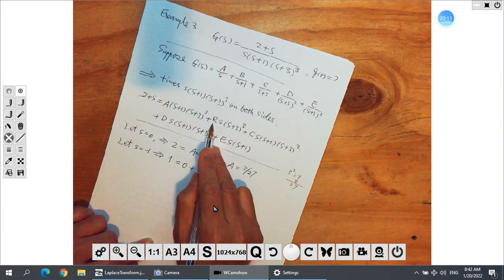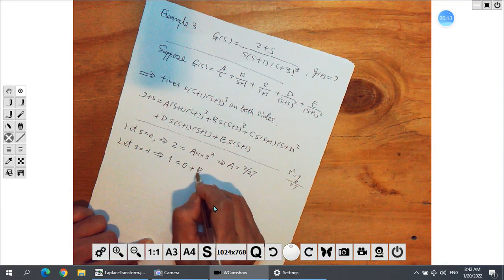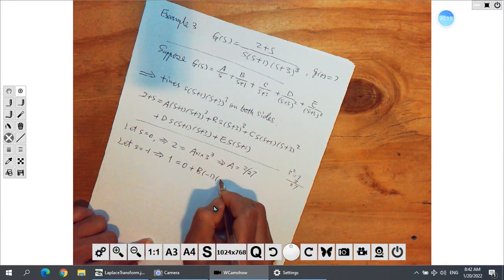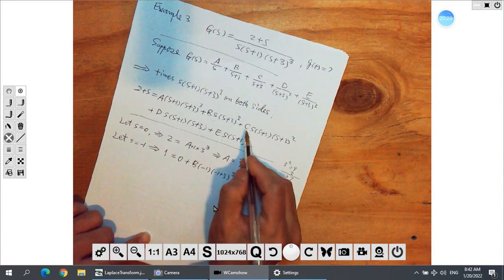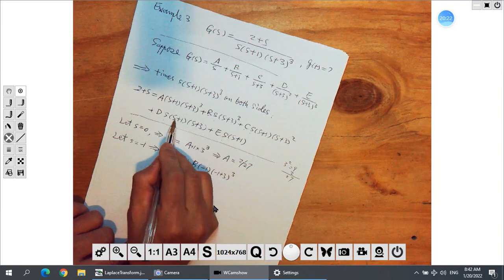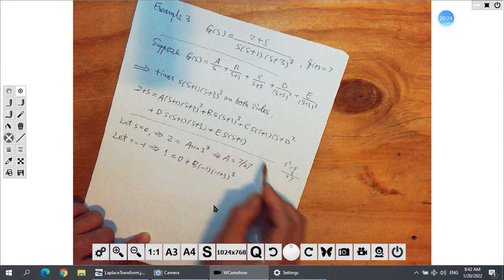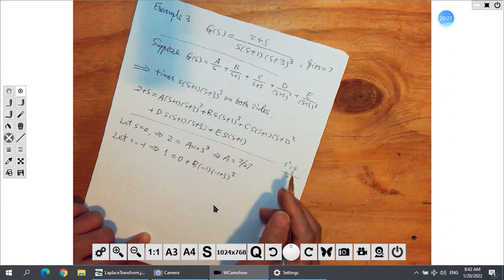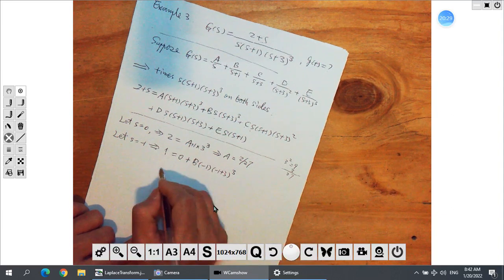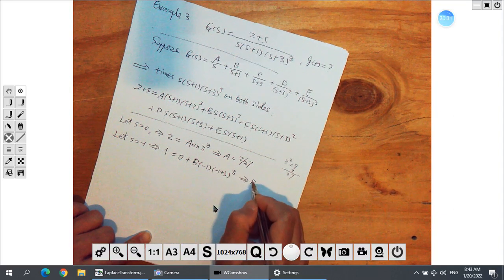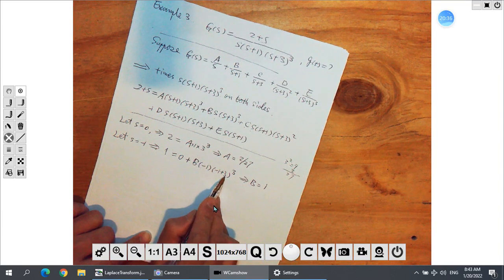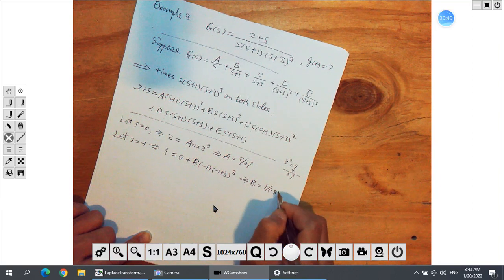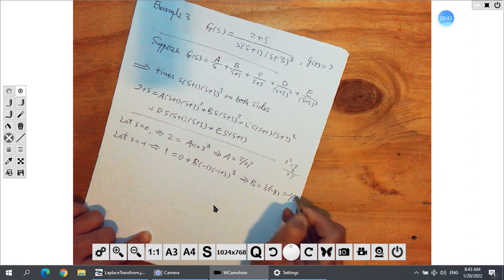And for B, we have B times -1 and (-1 plus 3) cubed. C, D and E all have s plus 1, so all the rest are zeros. Then B is 1 over -1 times 2 cubed, which is 8, so 1 over -8 is -1/8. This is B.